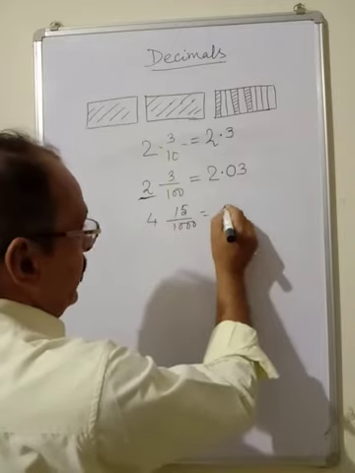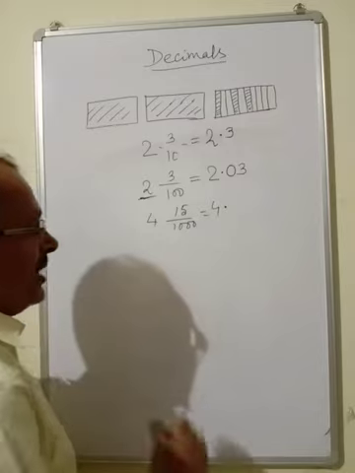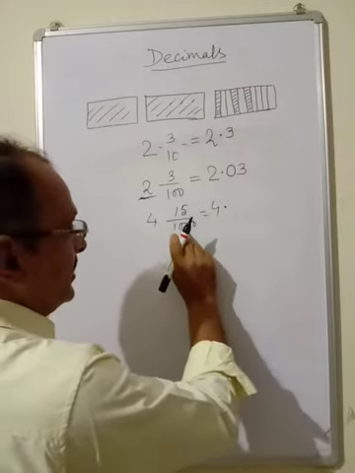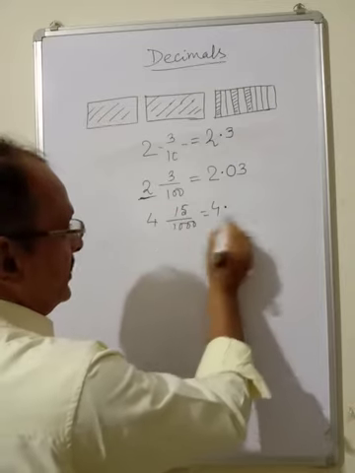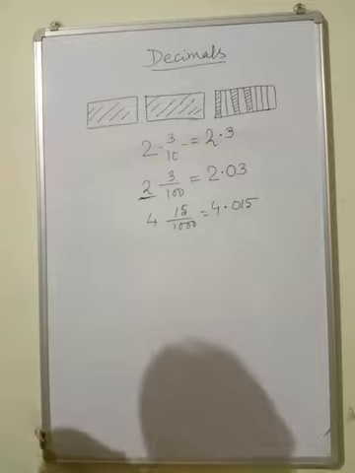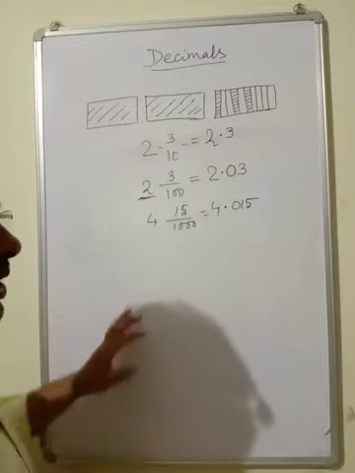So again you give the point, on the left side of the point write the whole number, and after the point it should be 3 digits, and you have only 2 digits. So you have to write it like this, in this way.